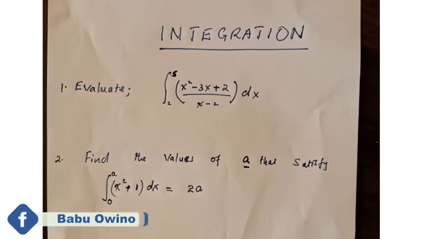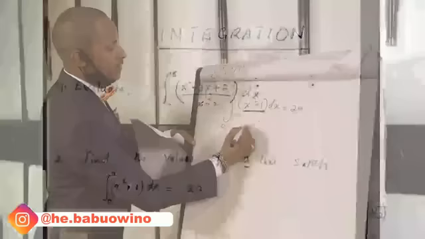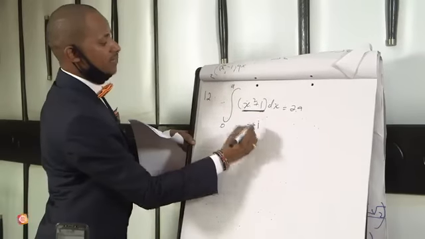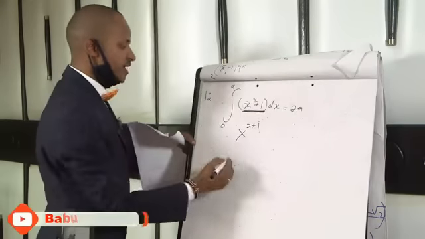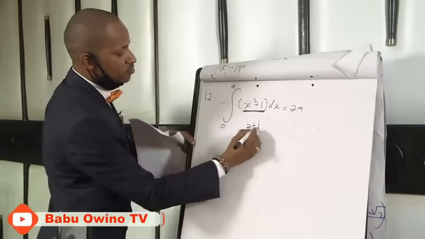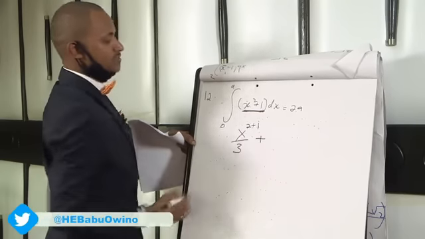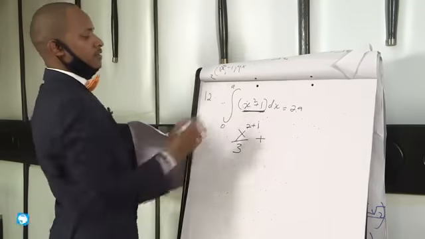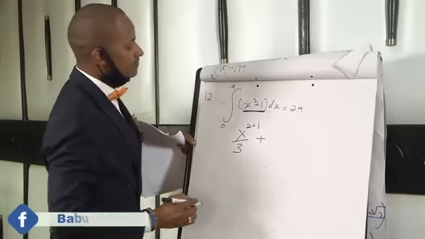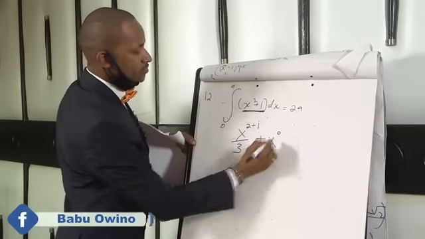So by integrating this, as I told you, you write x, integrate the first part, x squared, add 1 in integration, then divide by the summation of what you get, which is 3. Plus, here we have x raised to power 0.